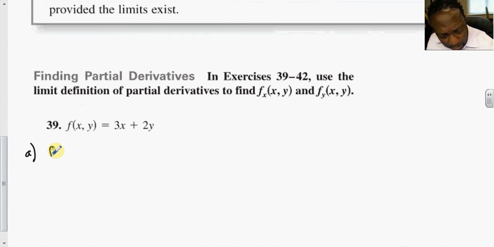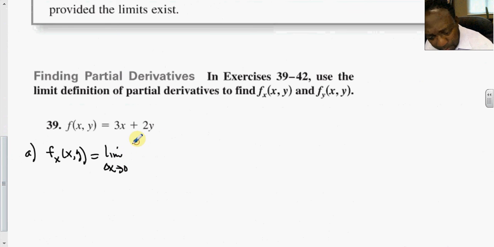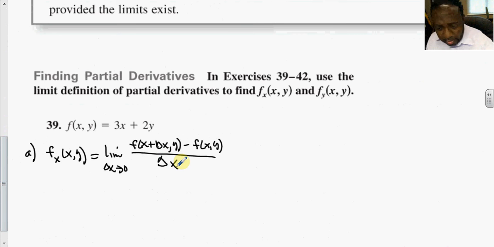First, the partial of f with respect to x, evaluated at the point x comma y, is the limit as delta x goes to 0 of f of x plus delta x comma y minus f of x y all over delta x.